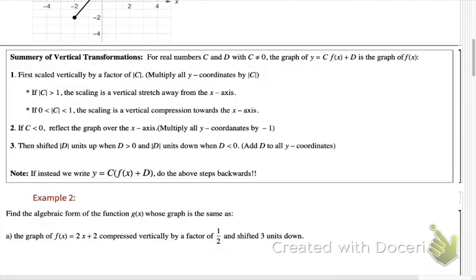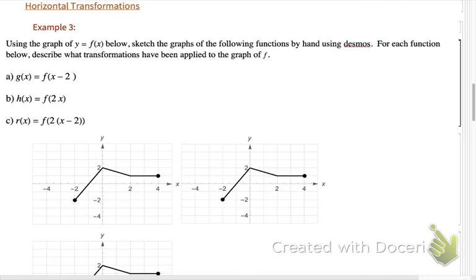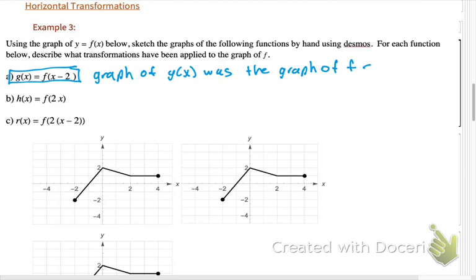Okay, so scrolling down, we got all the way through example 3 in part 1 of the video, and we graphed 3 functions that were results of horizontal transformations of a given function f. We'll just go through this again. g of x equals f of x minus 2. The graph of g of x was the graph of f shifted 2 units to the right.